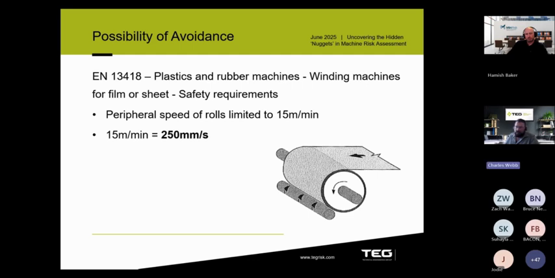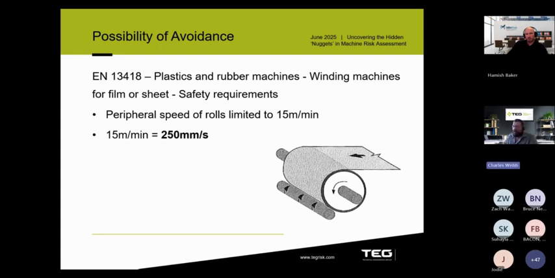And what do you know, 15 meters a minute is 250 mils a second. If you couple that with a nip point sensor as well, also a requirement of the standard, then that's no problem as a safety solution.